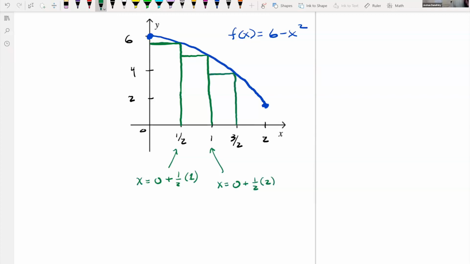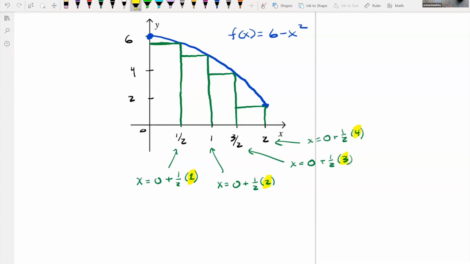And you might be seeing a pattern already. We're starting at 0. We're adding delta x, which is a half, 3 times. Then we go 1 more here. To get to that guy, we are starting at 0 and adding 1/2 4 times. And the numbers you see, 1, 2, 3, 4, these numbers in yellow are simply counting which rectangle we're on.